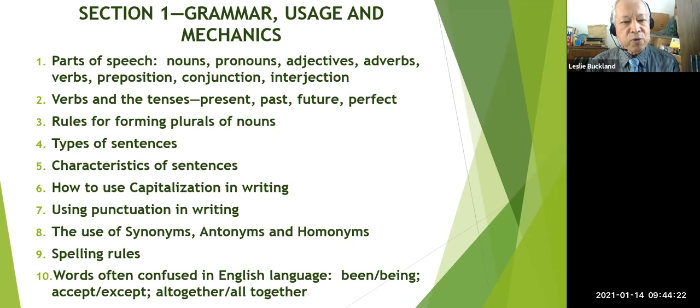Number 8, the use of synonyms, antonyms, and homonyms. Number 9, spelling rules. Number 10, words often confused in the English language, like been or being, accept or except, altogether or all together.